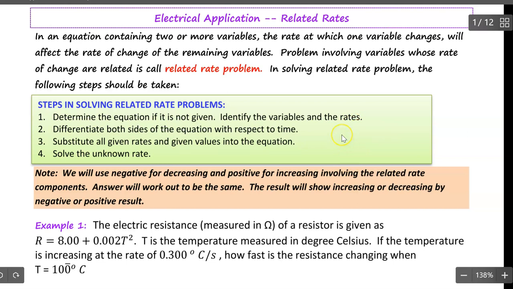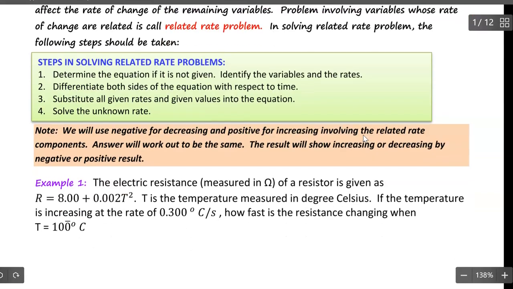So if a variable is given to you with a unit with respect to time, then you know that it is the rate. Hopefully this will provide us with the correct approach to identify the components given to us in the word problems regarding related rates.